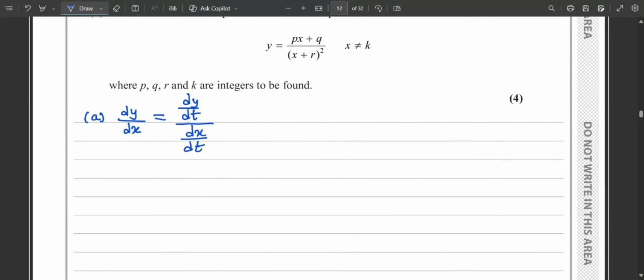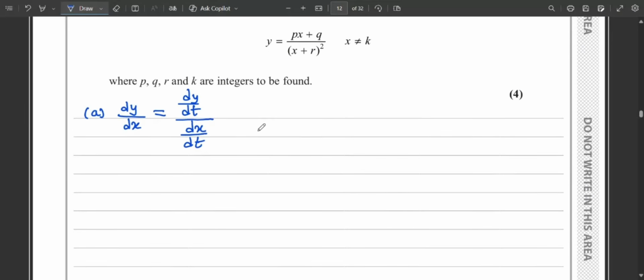If we know them individually, I can just divide and find the value of dy by dx, or the gradient at a certain point. So this will be our strategy. We will calculate the value of dy by dt at P, and the value of dx by dt at P. Dividing dy by dt by dx by dt will give us the gradient at point P.